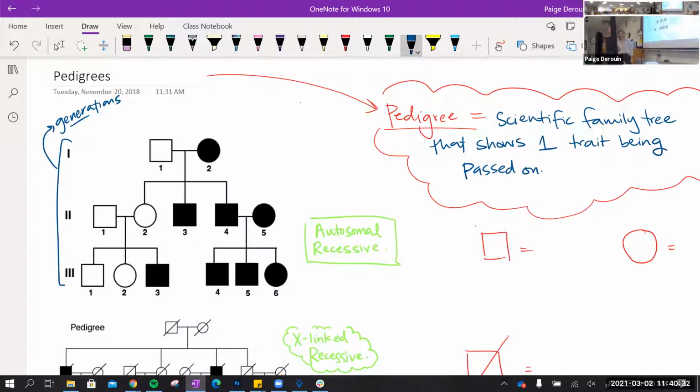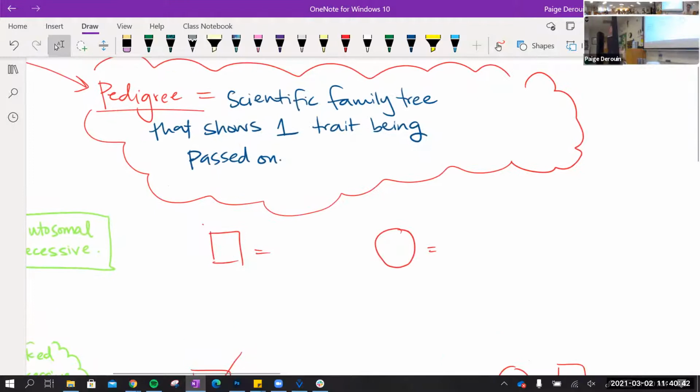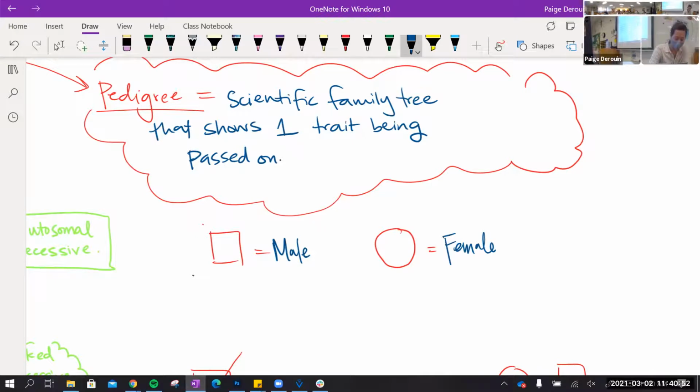Okay. The nice thing about this is that different shapes always mean the same thing. So squares are always males and circles are always females. If a shape is shaded in, that means they show the trait.